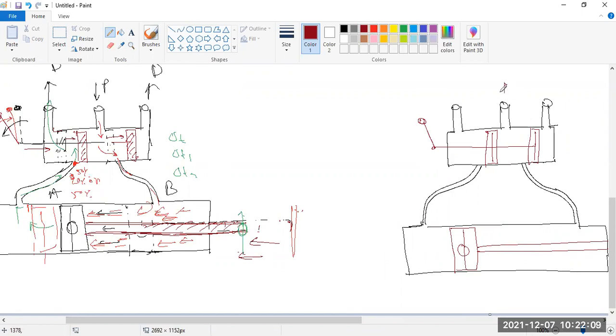So you want to hold this position, or you may want to break this position so that it will hold this position.